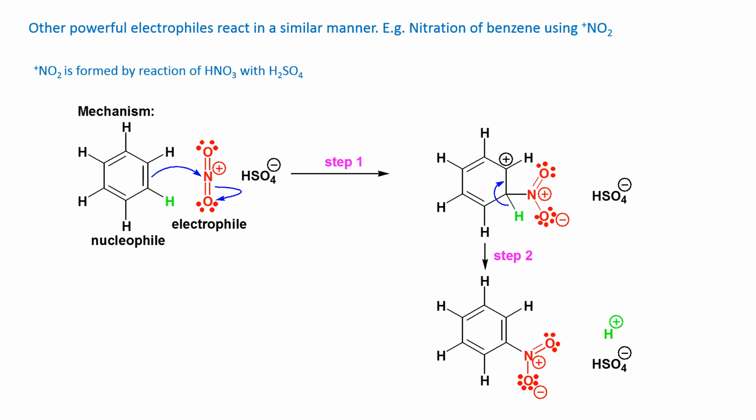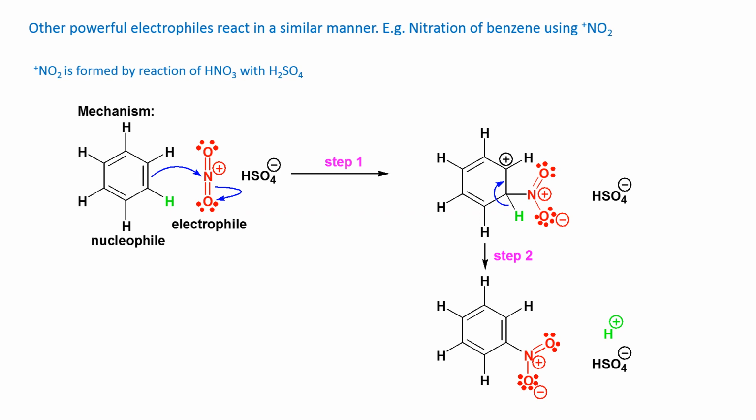And so we need to break one of the nitrogen-oxygen double bonds, moving those electrons up onto the oxygen atom in order to not exceed the octet of electrons on nitrogen. This gives us our intermediate cation species. Again, this species is resonance stabilized, but I haven't drawn out the resonance contributors in this case.